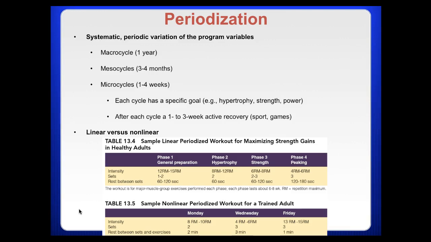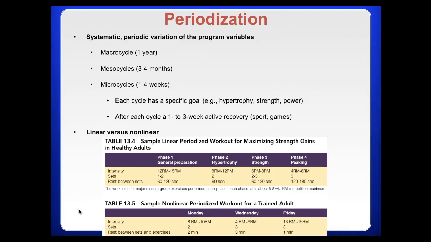So you can see within this linear model that the volume and intensity of training are gradually changing over time. If we are starting at the beginning of our macrocycle, so think of the beginning of the year, with a training volume that is very high, then our intensity should be low.